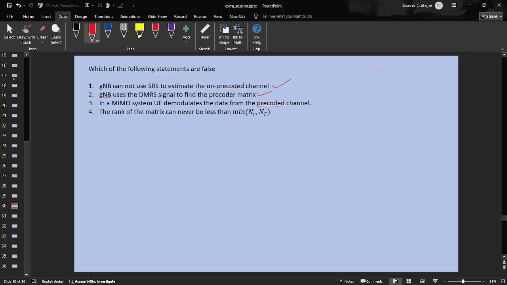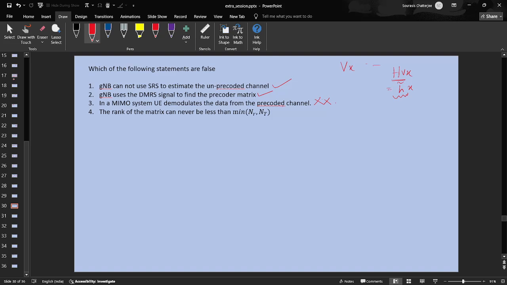For example, if the channel is H and the base station is transmitting using precoder V to transmit X, at the user end the user is seeing H V encoded X, so it should be like H tilde X, and all the user cares about is this channel. It doesn't care about individual H and V. So usually in MIMO the user demodulates this. So this is not false, the statement is true.